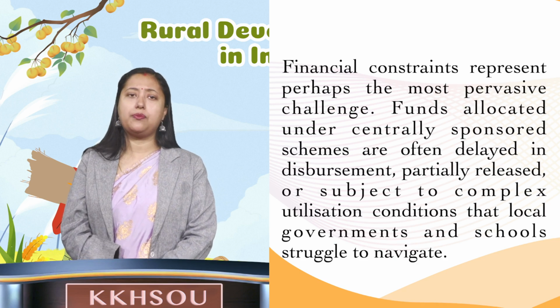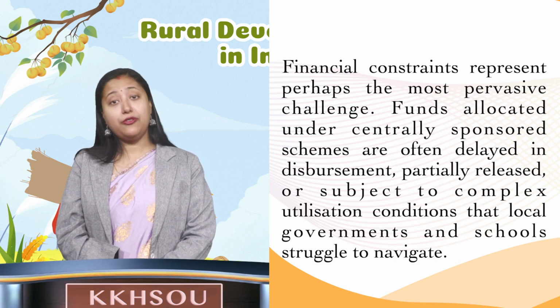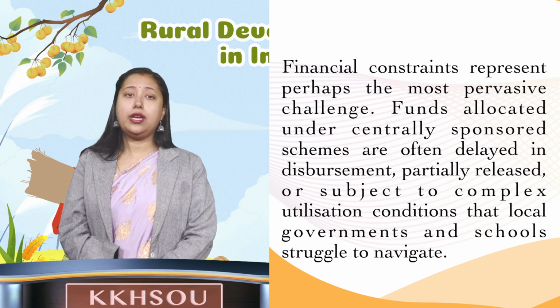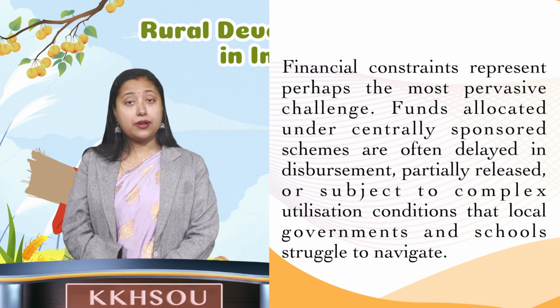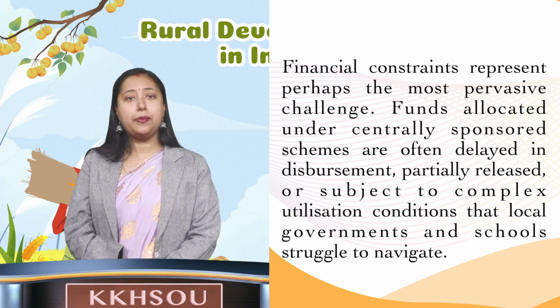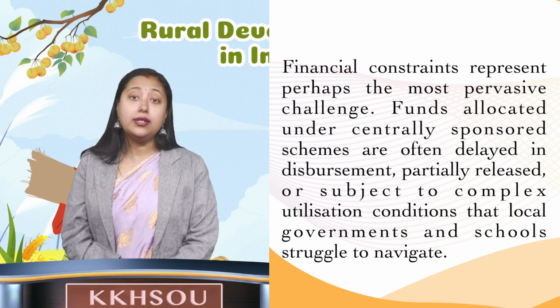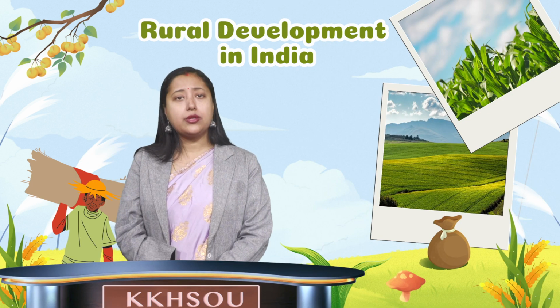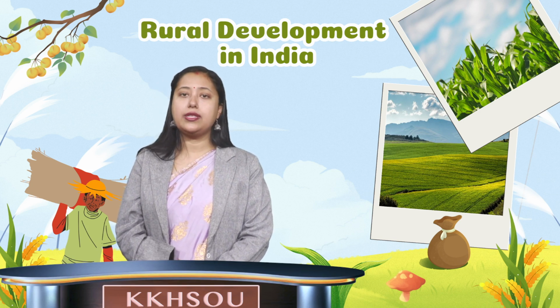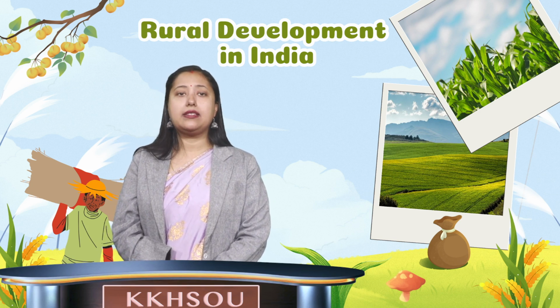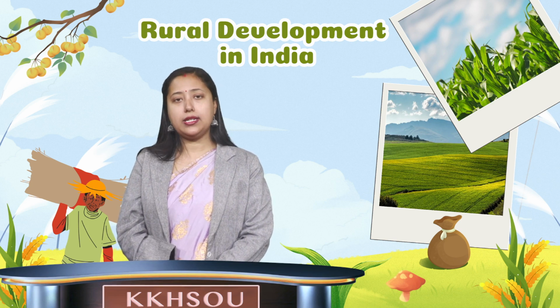Financial constraints represent perhaps the most pervasive challenge. Funds allocated under centrally sponsored schemes are often delayed in disbursement, partially released, or subject to complex utilization conditions that local government and schools struggle to navigate. States with weaker fiscal capacity are particularly vulnerable, leading to significant interstate disparities in infrastructure quality.